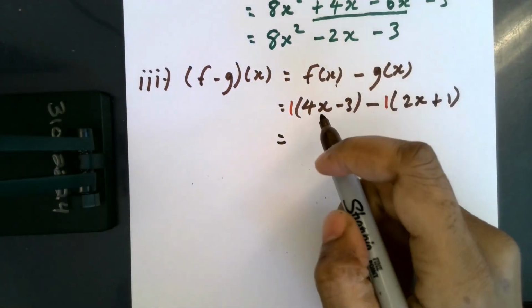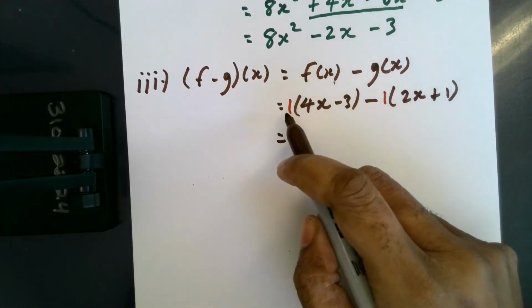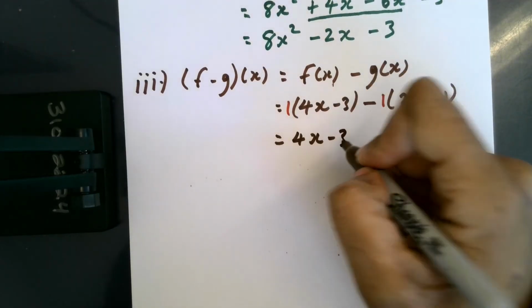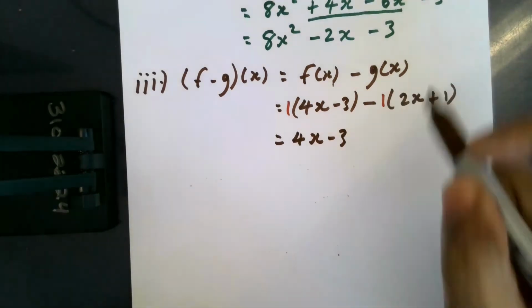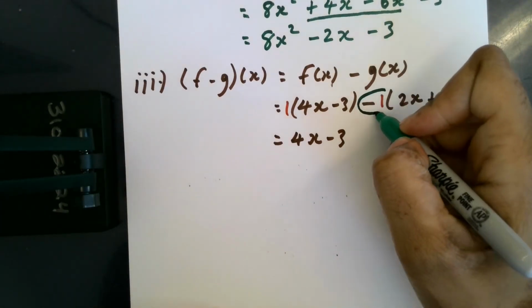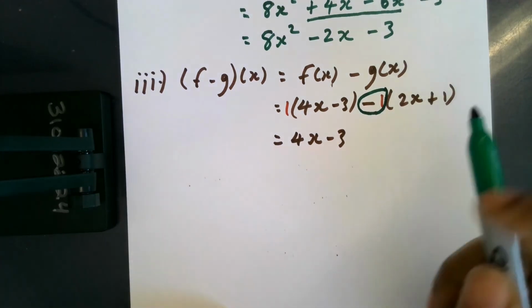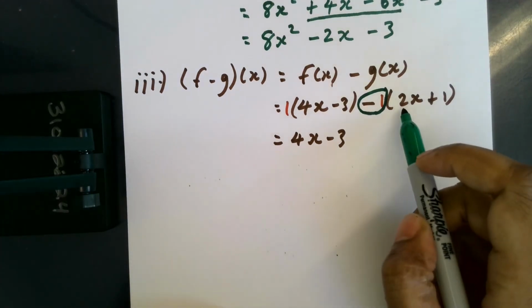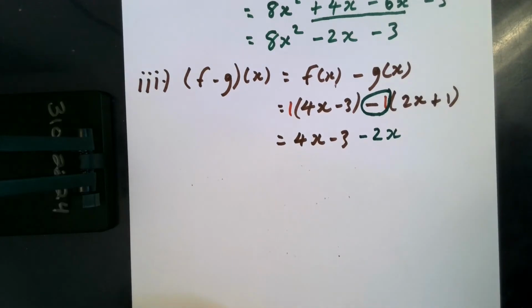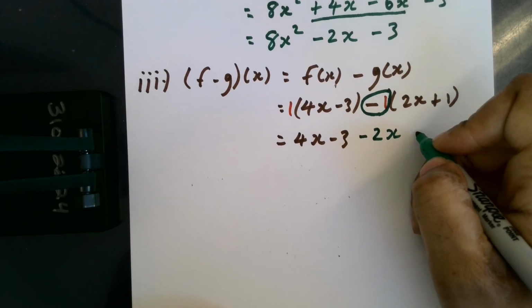All right. So let's multiply. If we multiply this expression by 1, we are going to get the same expression. Okay. Now I'm going to take this number to multiply this expression. All right. So negative 1 times 2x is negative 2x. Negative 1 times 1 is negative 1.